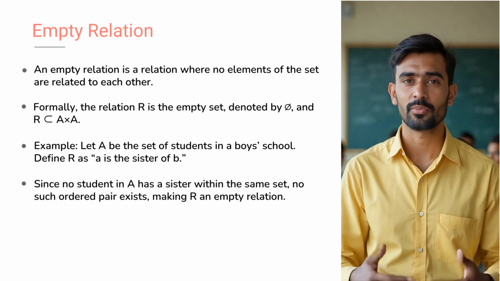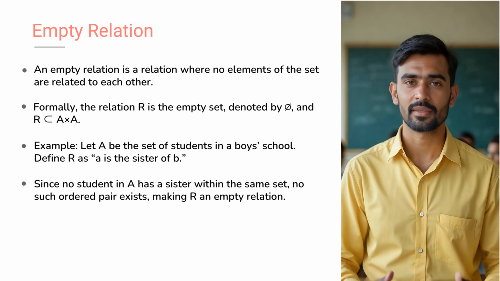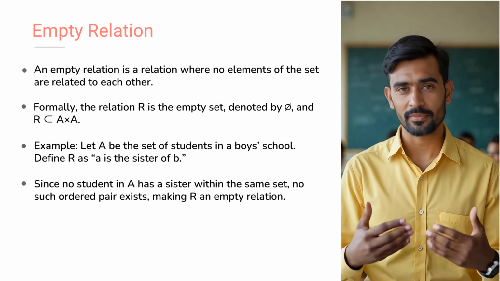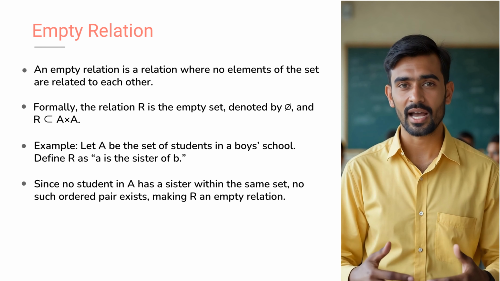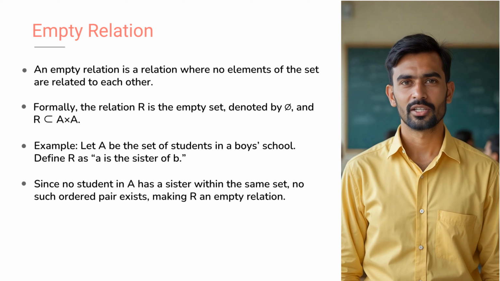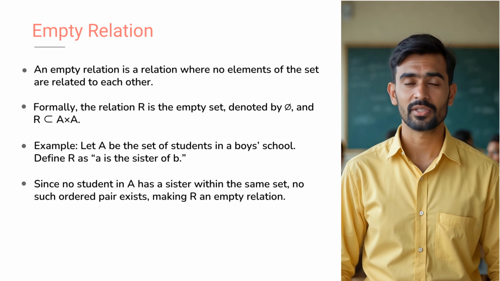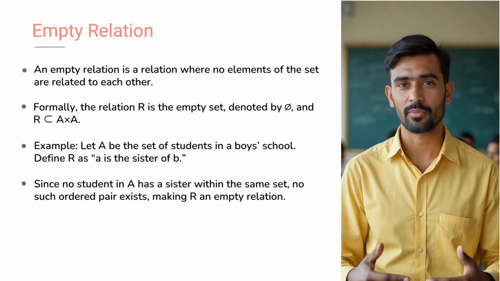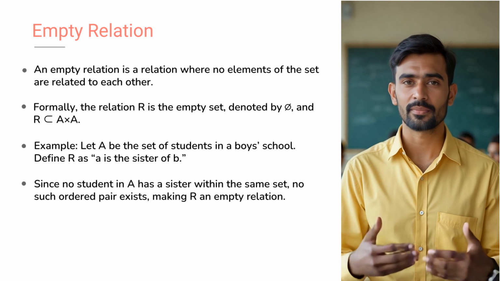So, no such pair can exist. That means this relation contains no elements at all. It's an empty set. Written as phi, we write this as R equals phi, which is a subset of A into A. So, R is a subset of A into A, but it contains nothing. That's what makes it an empty relation.